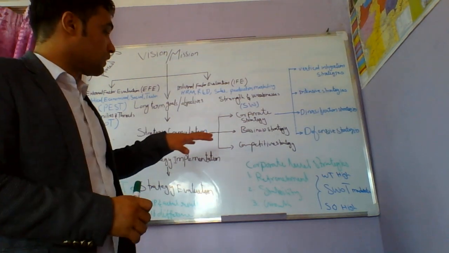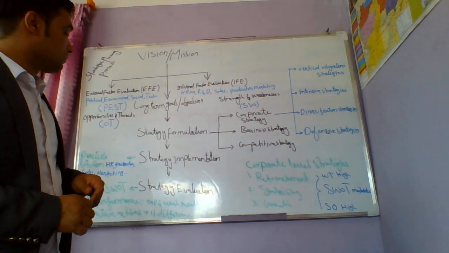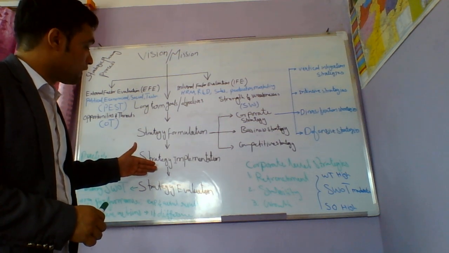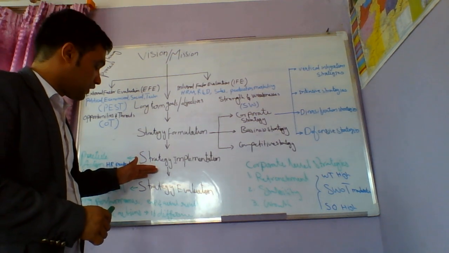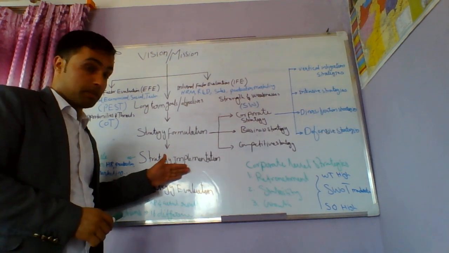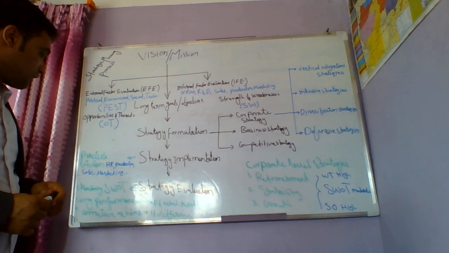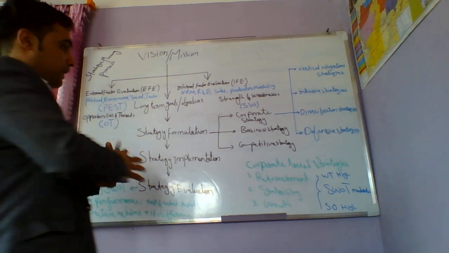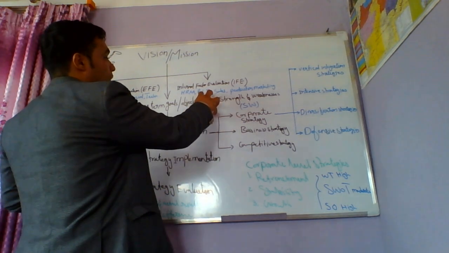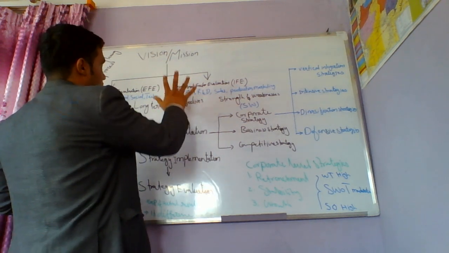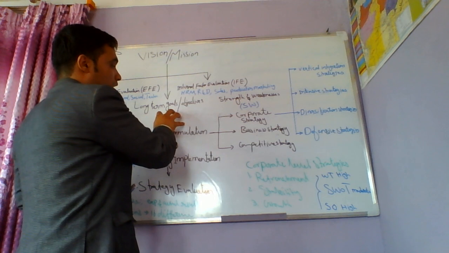We are coming to the fourth part of the strategic planning process, which is strategy implementation. In strategy implementation, we implement what we planned, what we evaluated, what we have visioned, and what goals and objectives were identified.